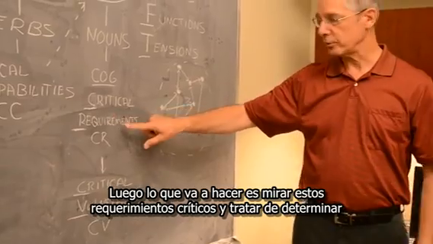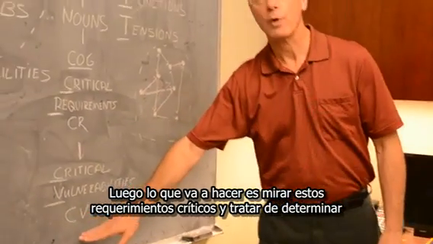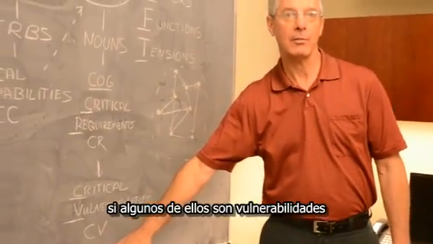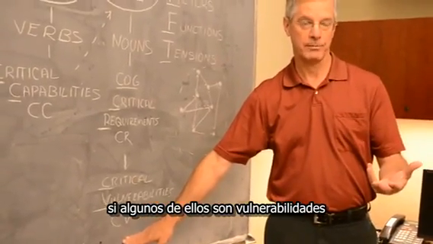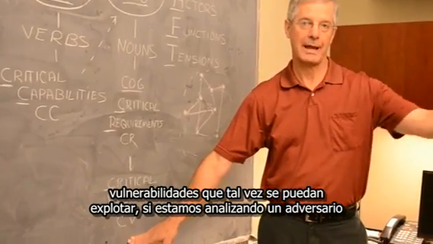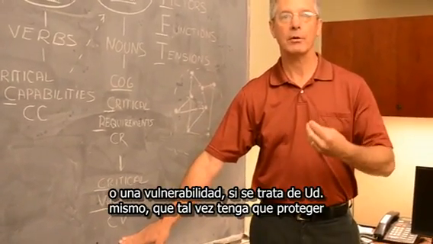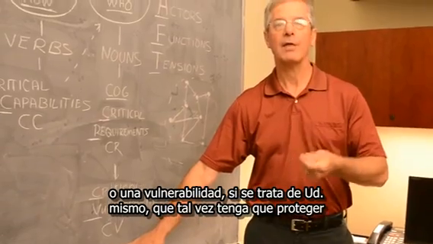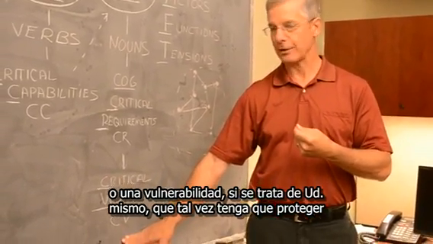Then what you want to do is look at those critical requirements and try to determine if any of them are vulnerabilities. A vulnerability that you perhaps can exploit if you're looking at an adversary, or a vulnerability that you may need to protect if you're looking at yourself.